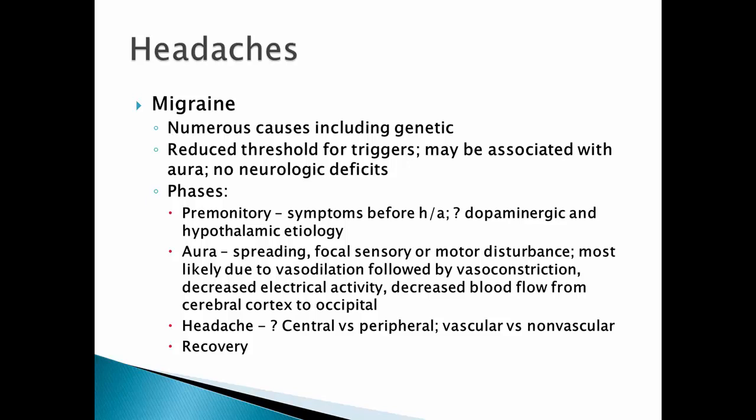We know that in this neurovascular type headache, there is a reduced threshold for triggers, and there are many different types of triggers. Triggers can be anything from a food like chocolate, wine, milk. It can be fatigue, stress. It can also be hormones.